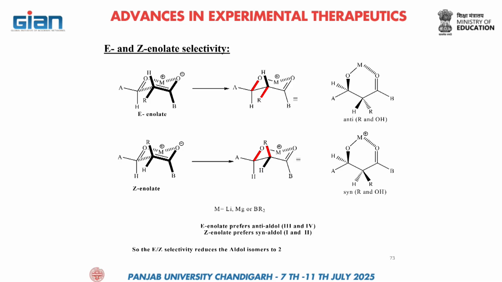Okay, so first is the relative stereochemistry at carbon 2 and carbon 3. अब मुझे देखो कि आपने 50% ई इनोलेट प्रेफर एंटी एल्डोल प्रोडक्ट, जेड इनोलेट प्रेफर सिन एल्डोल प्रोडक्ट.